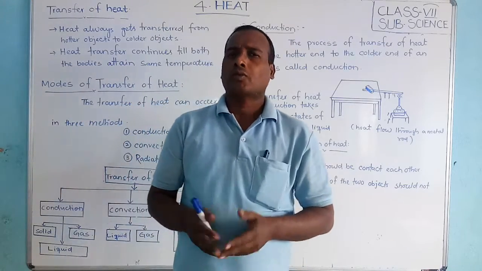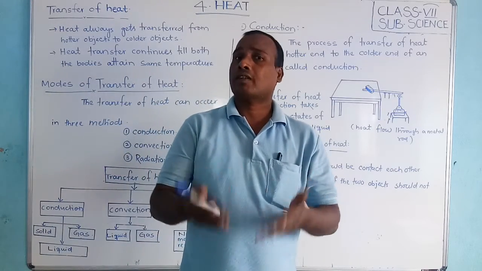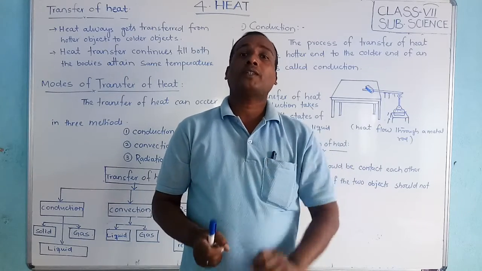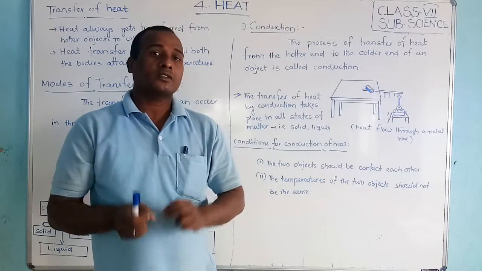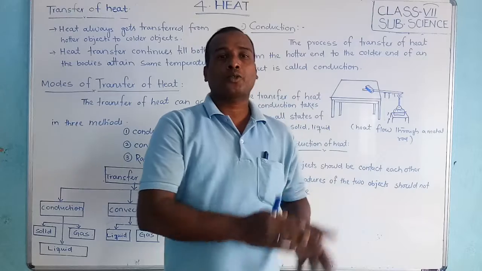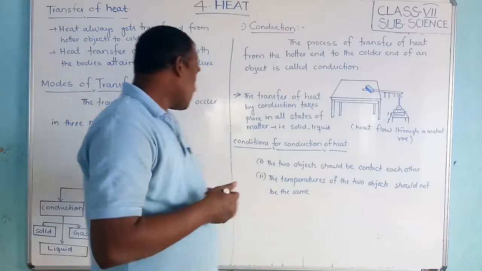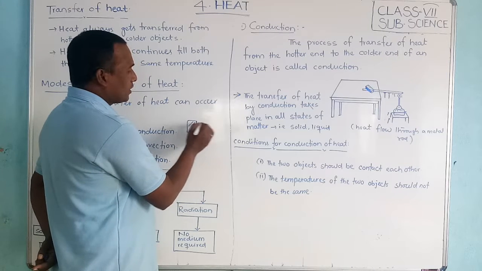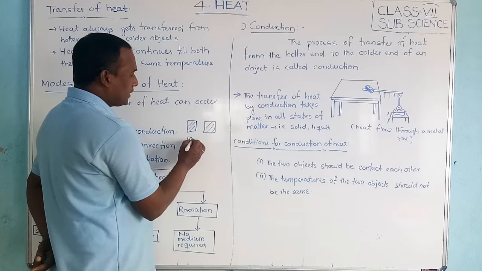Okay friends, one thing you should remember: when two objects have different temperatures, the heat will flow from the hotter object to the colder object. Suppose there are two objects, one at 100 degrees Celsius and the other at 70 degrees Celsius.